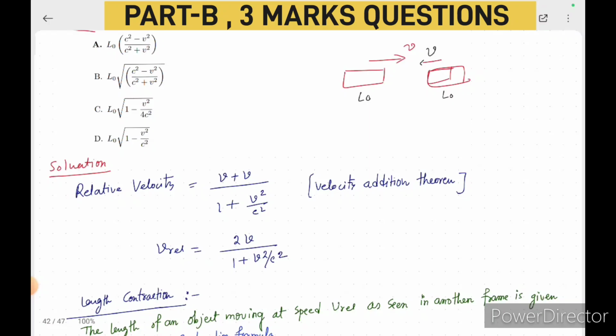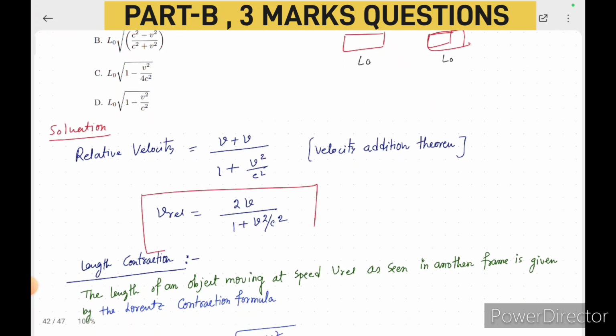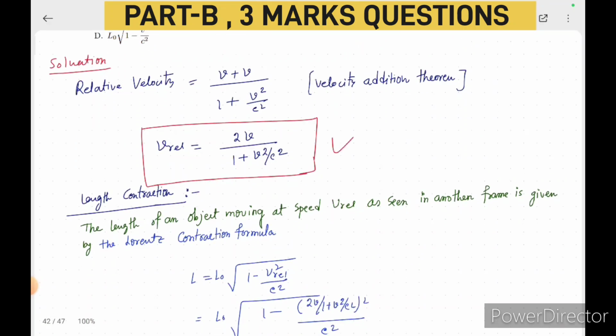From the velocity addition theorem, the relative velocity equals v plus v upon 1 plus v square upon c square. The plus is there because the two trains are moving in opposite directions. So the relative velocity is 2v upon 1 plus v square by c square. This is the relative velocity with which the two trains are moving.